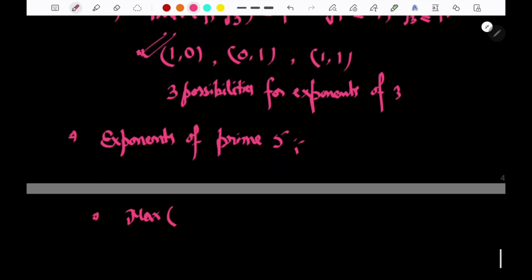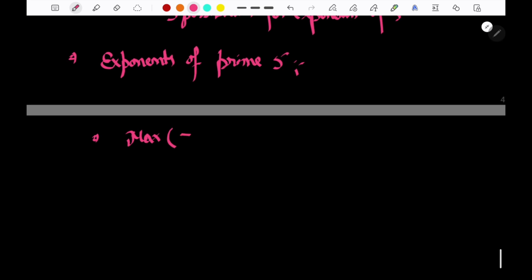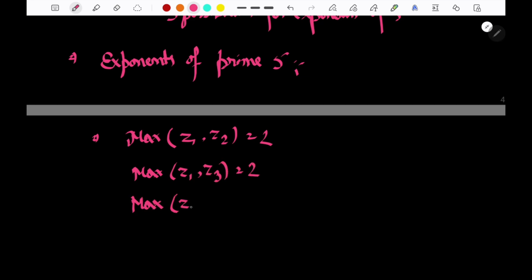So what are the possible conditions for the exponent of prime 5? Maximum of z1, z2 is equal to 2. Maximum of z1, z3 is again 2. Maximum of z2, z3 is 1. Now please understand one thing.